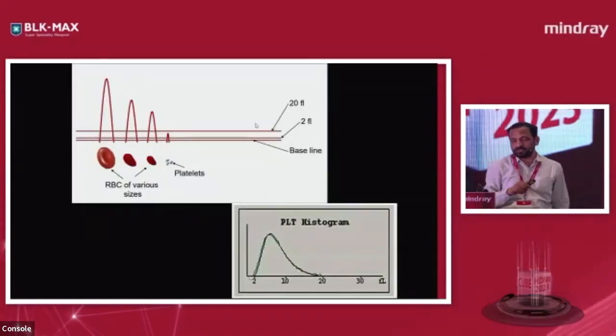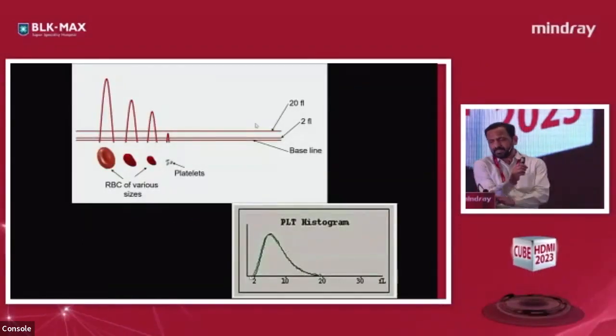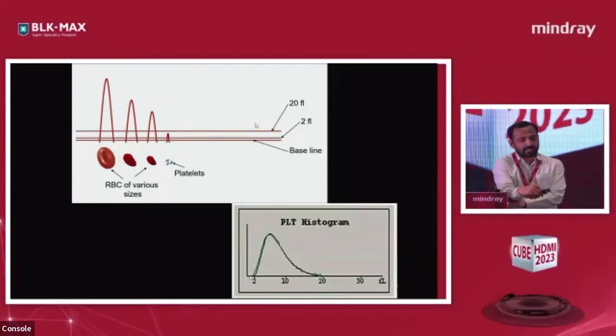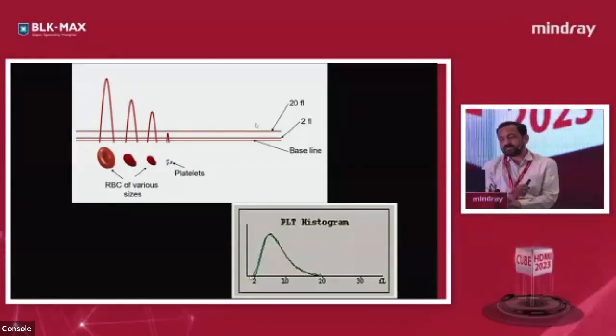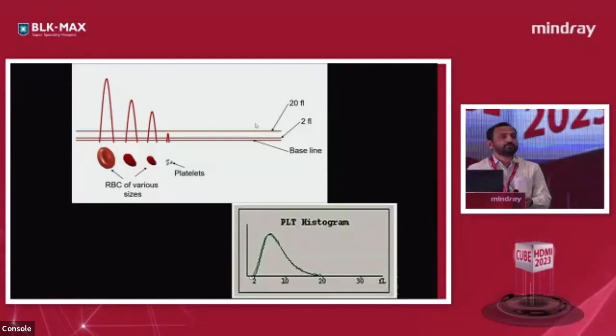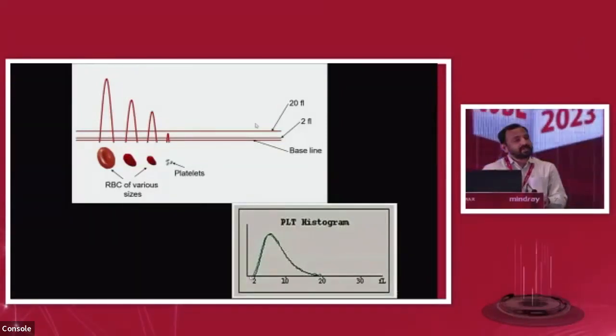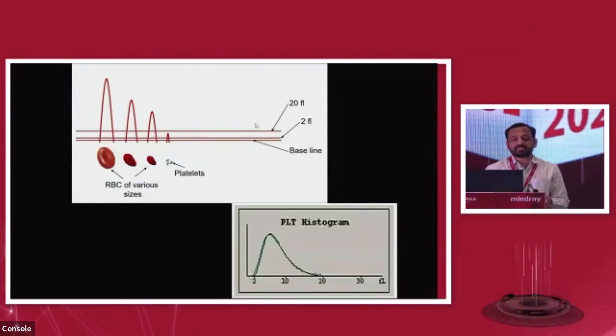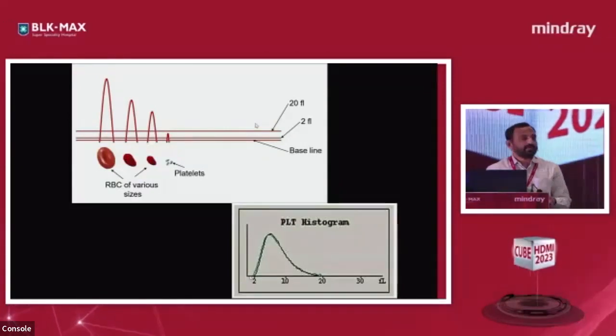So with that, I'll come to the schematic diagram of how the platelets are counted. Most of the time, the platelets are counted in the 2 to 20 femtoliter channel. Most of the analyzers have the discriminator for the platelets between 2 and 20 femtoliters.